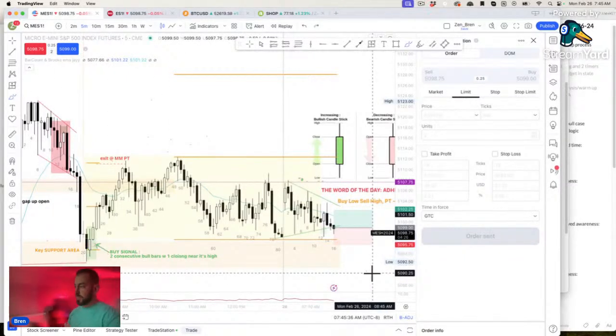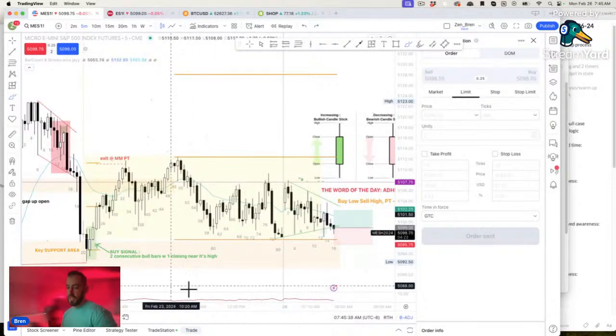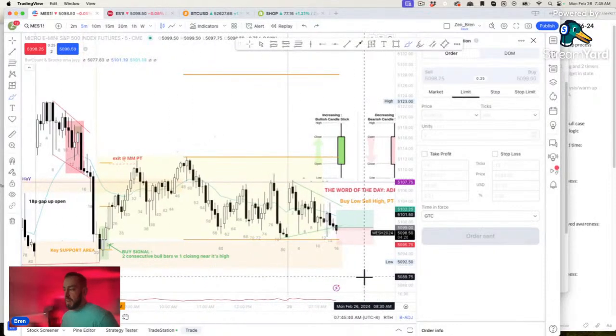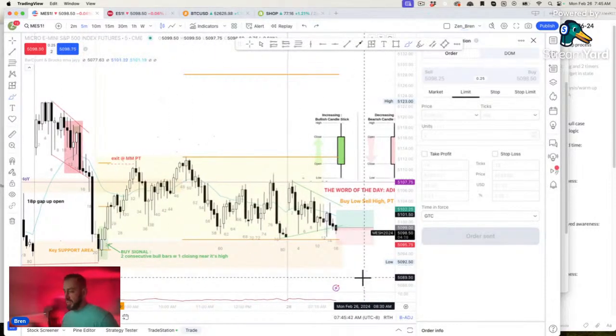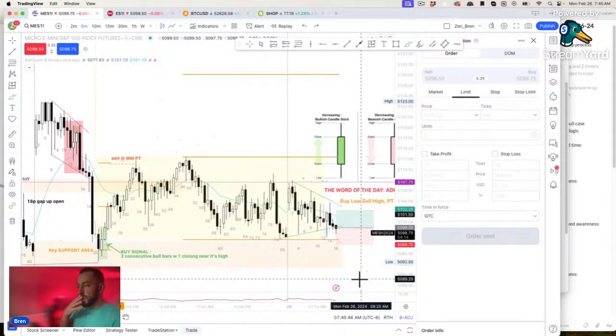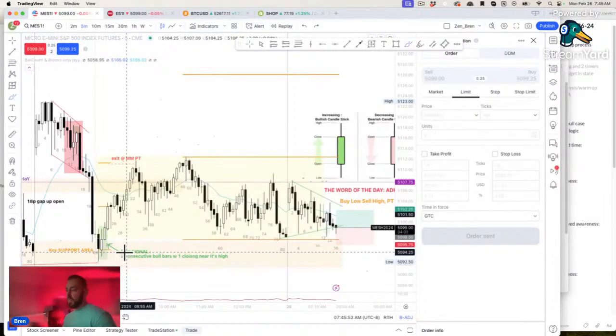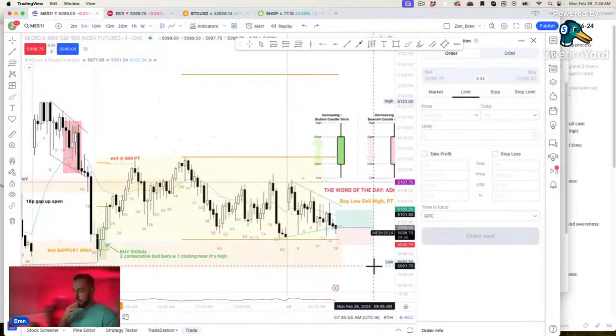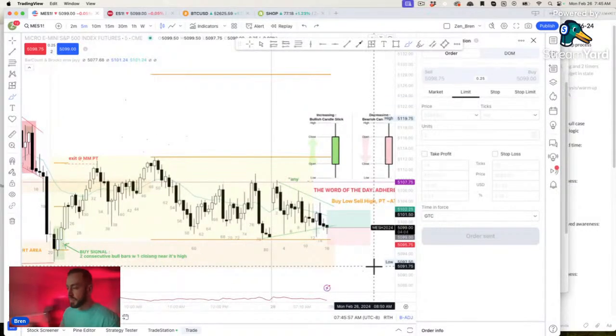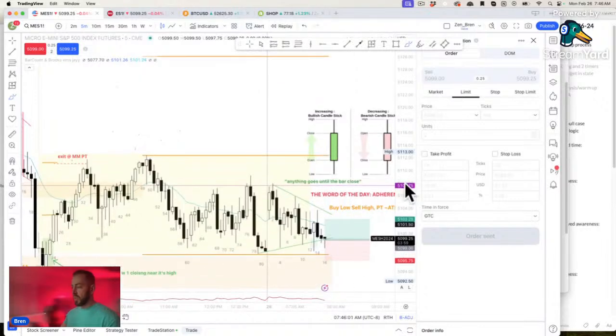I was explaining on the last stream that it's not about cracking support or resistance, and that as soon as you crack support, support turns into resistance, or as soon as you crack resistance, resistance turns into support. No, it's more like an area. It's not a key level, it's a key area. And what you want to do is see how the price reacts when you get into that area, okay?